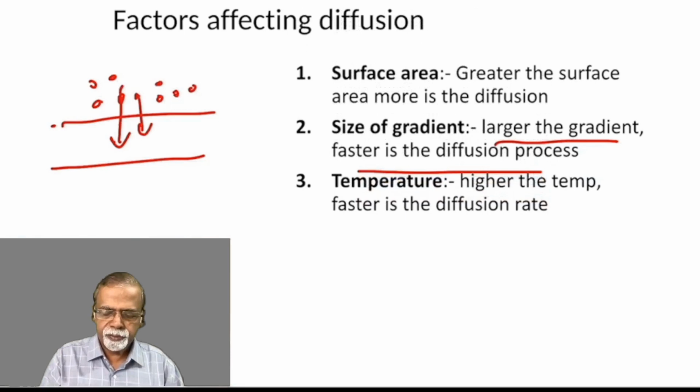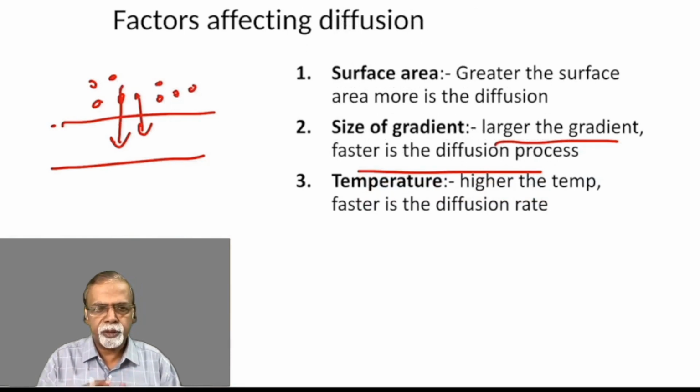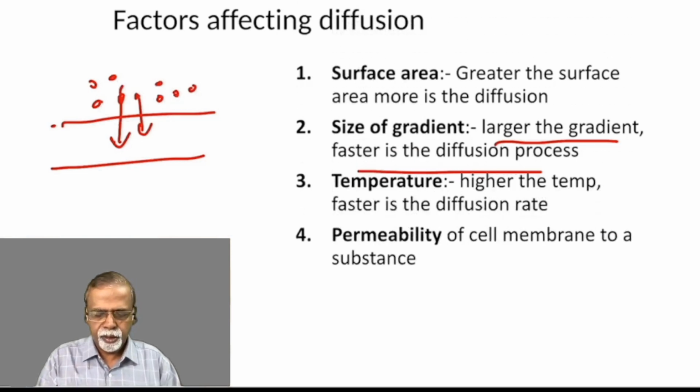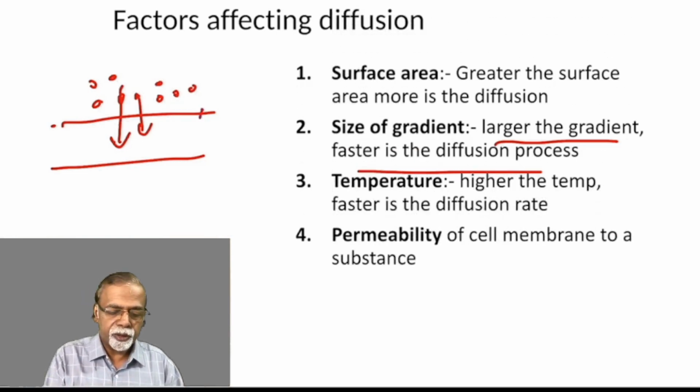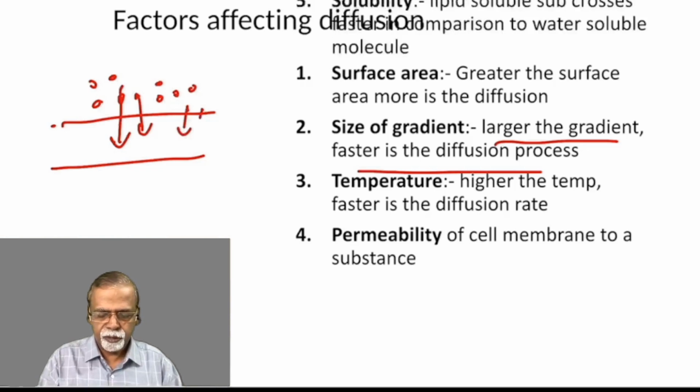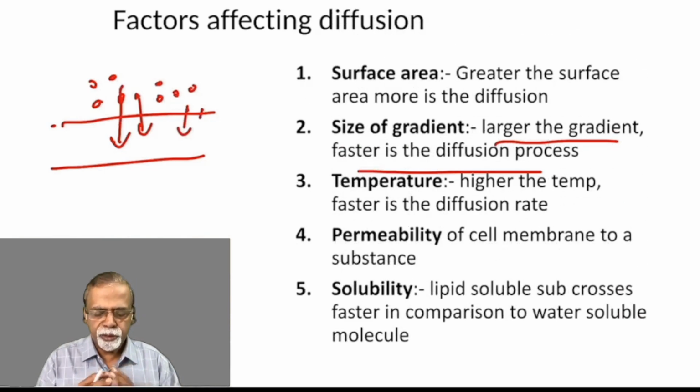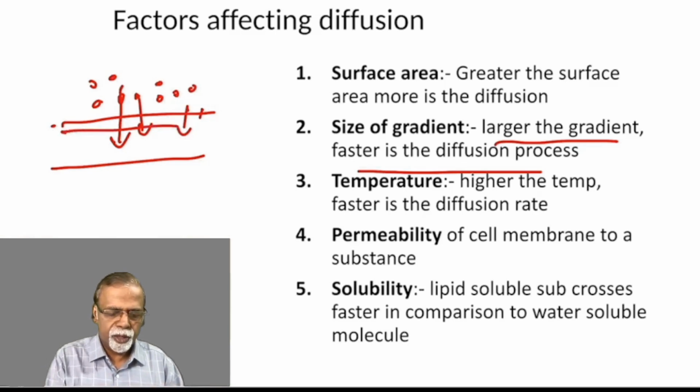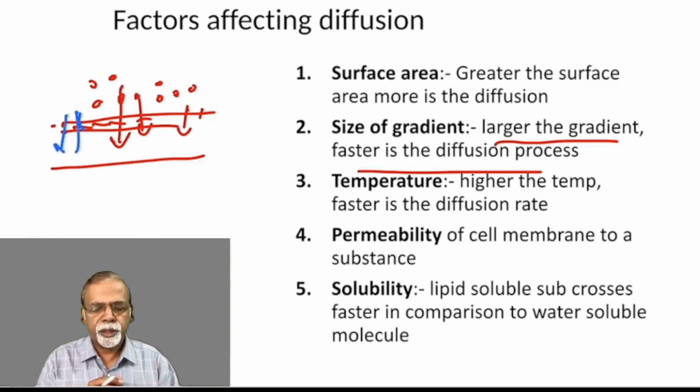Temperature is important. The higher the temperature, the faster the diffusion, because the particles are moving because of thermal energy. The permeability of the membrane is very important. And finally, the solubility of the substance. Substances which are soluble in the lipid bilayer will pass easily.